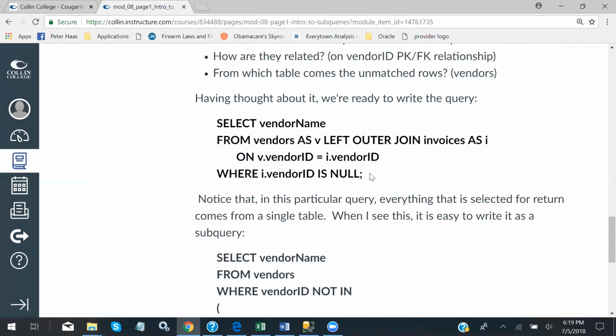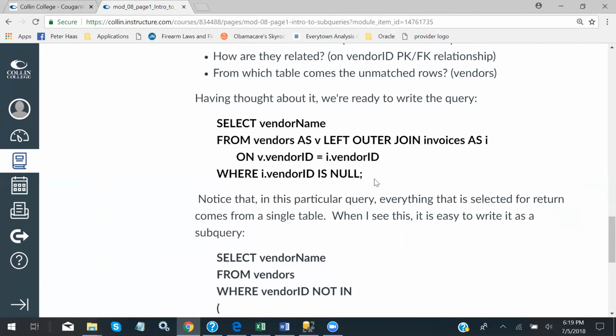Because if i.vendor ID is null, it will never be equal to v.vendor ID. Yes, because of the property of the outer join, it is going to give us everything from the table that it's pointed at, in this case the left one. So everything comes from the vendors table, whether it equals the i.vendor ID or not. And where the i.vendor ID is null is the one I'm interested in.